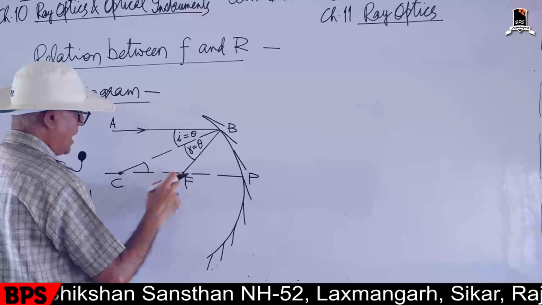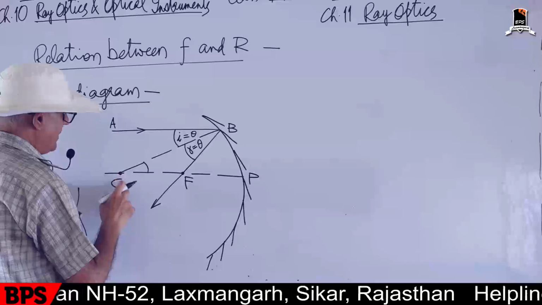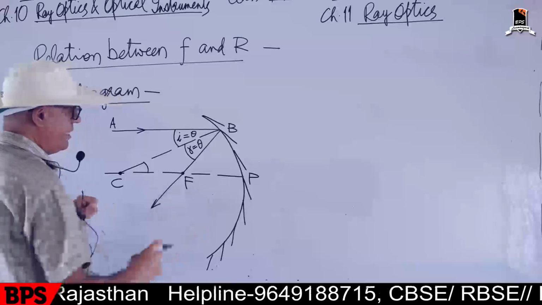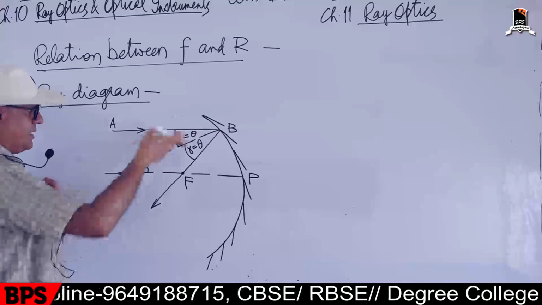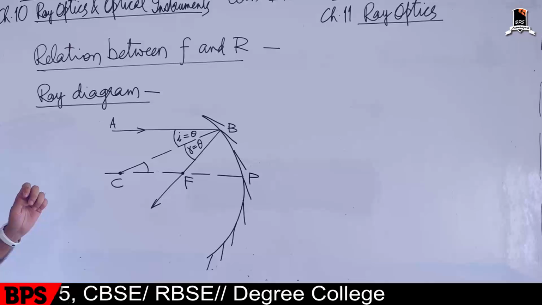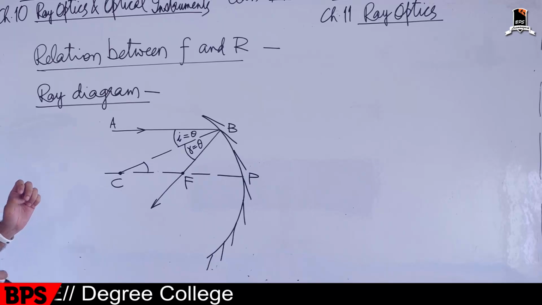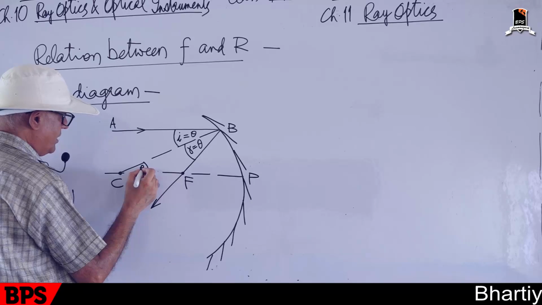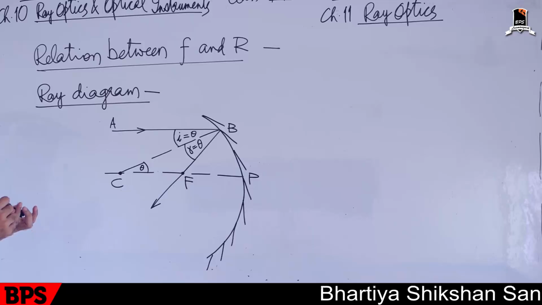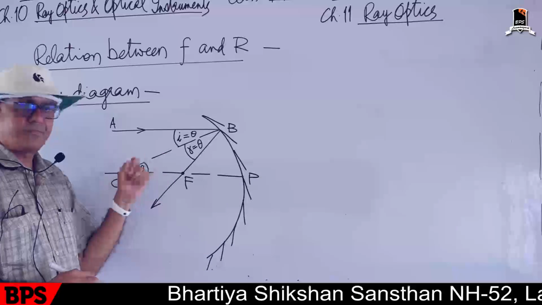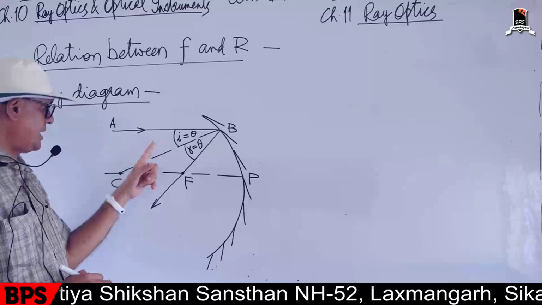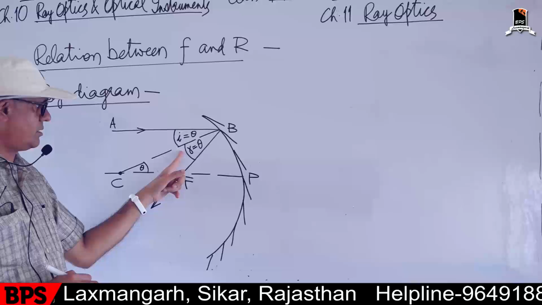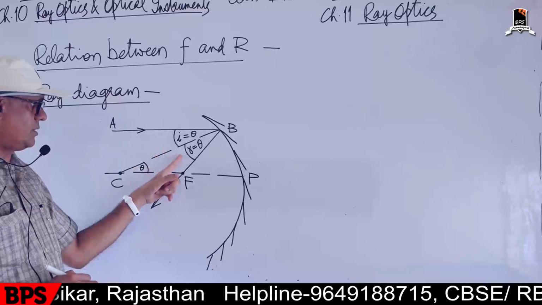Since these two lines are parallel, AB is the incident ray which is parallel to the principal axis CP, and BC is the intersecting line, so the alternate angles will be the same. If this angle is theta, then this angle will also be theta, being the alternate angle of this incidence angle. This angle is theta due to the reflection laws, since angle I is equal to angle R.